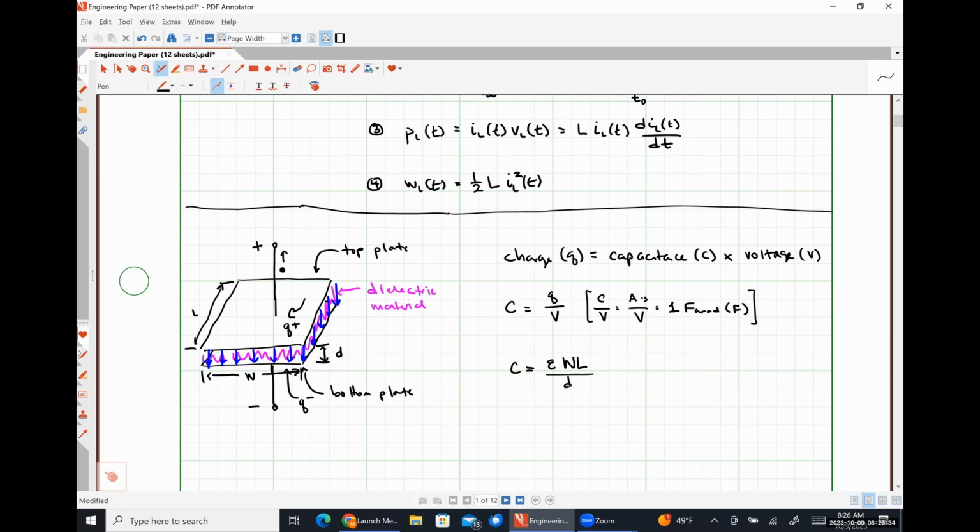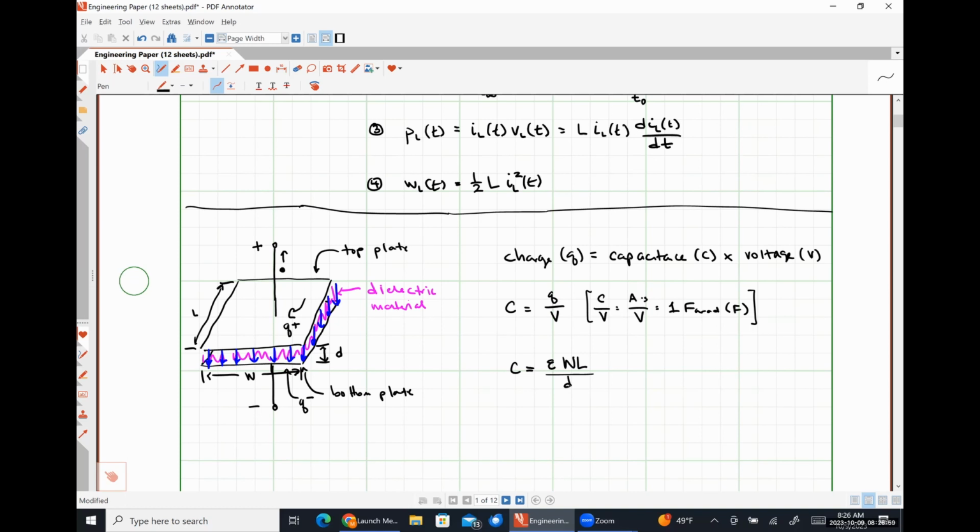So W, L, and D are geometric properties of the system, okay? So the more area that our capacitor plate has, the larger its capacitance value will be. Similarly, the smaller the separation between the plates, the larger the capacitance value will be.